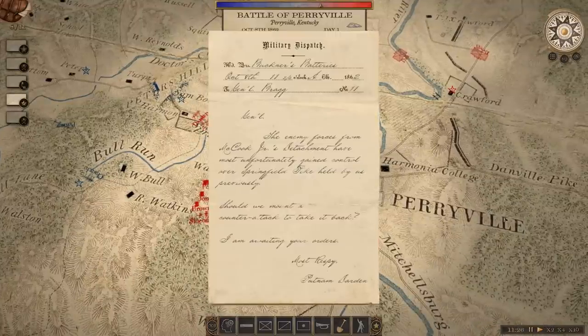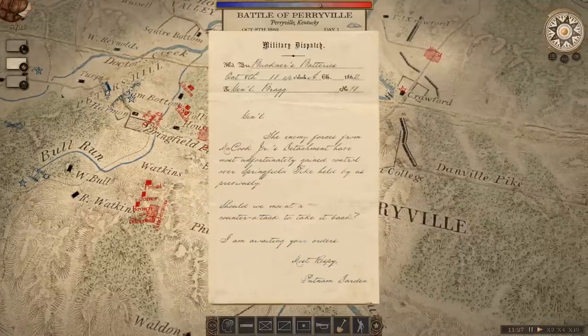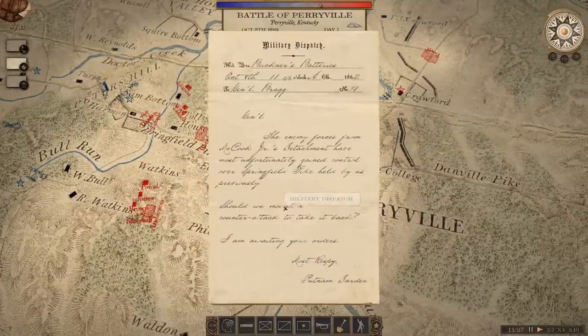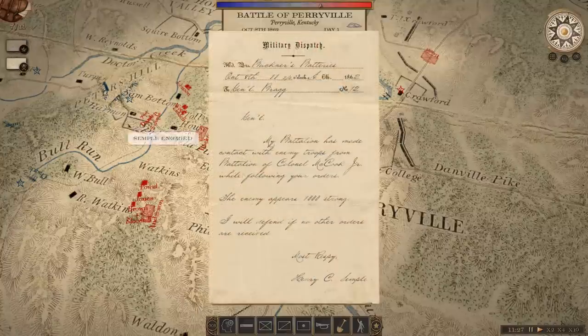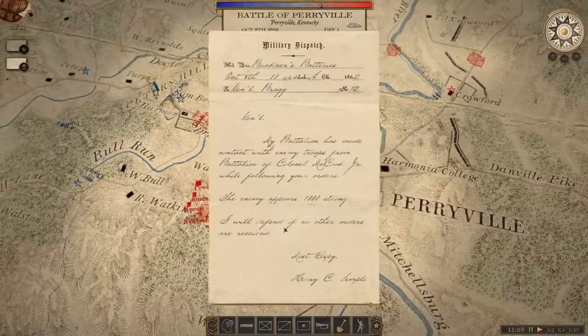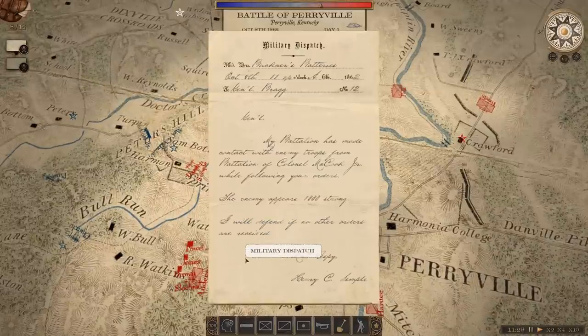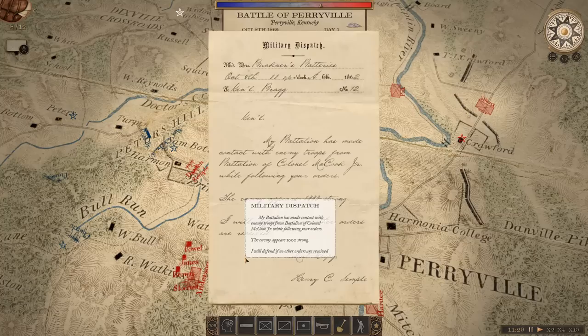So for example, here we have Buckner's batteries informing that enemy has taken an objective in front of them, and also that Henry Semple is engaged with an enemy which appears to be 1,000 strong. And with the orders to defend, he also states that he will defend if no other orders are received.